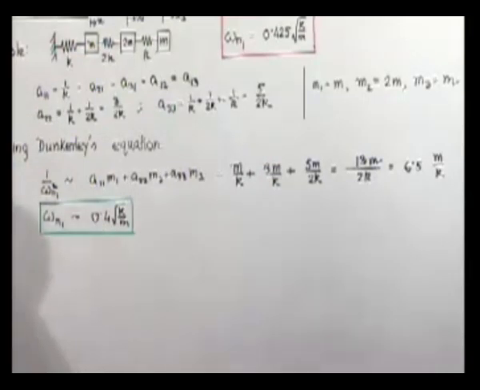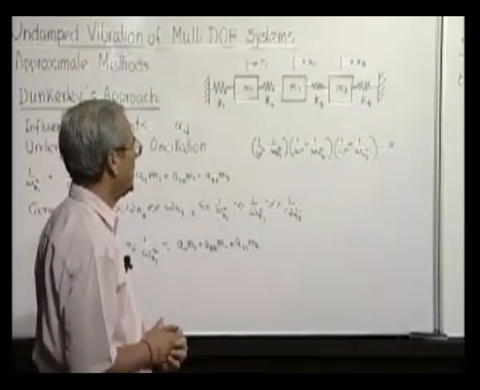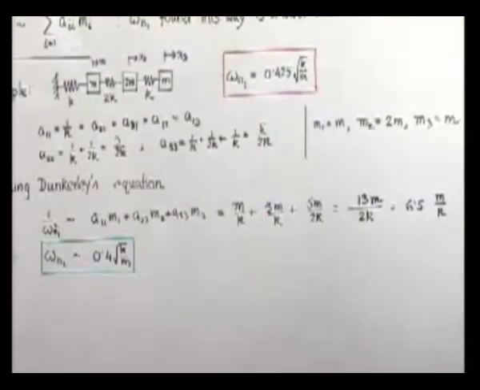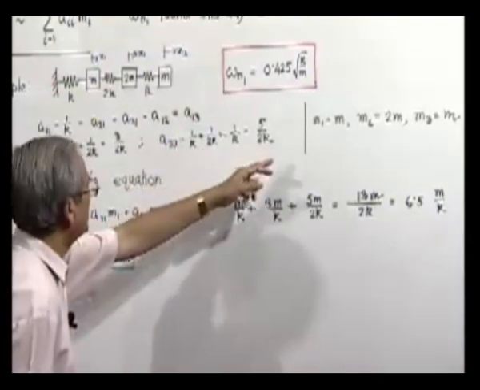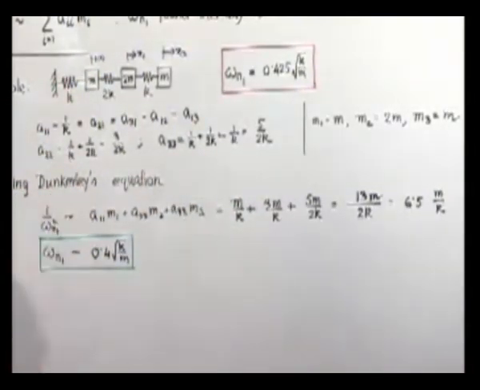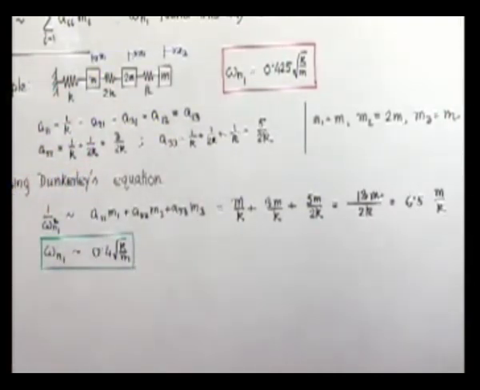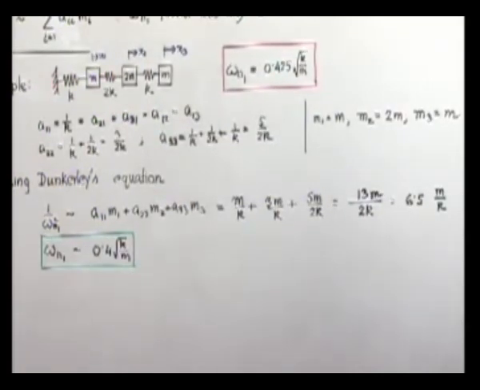So, you can see that this is a very quick method of estimating a very approximate value of the fundamental frequency of a system, because calculating the influence coefficient is generally very simple. If the case is statically indeterminate like this, then also it can be done, only it will involve a little bit more analysis, not very complicated.